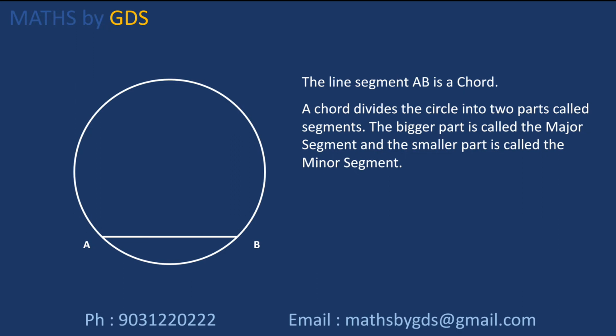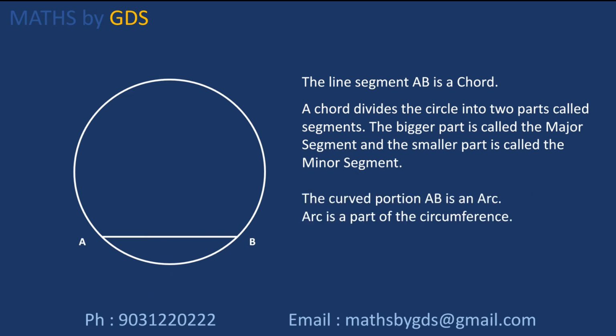The smaller one is the minor segment, the bigger portion is the major segment. Like we can see, the line AB has divided the circle into two parts. The bigger part is called the major segment and the smaller part is called the minor segment.